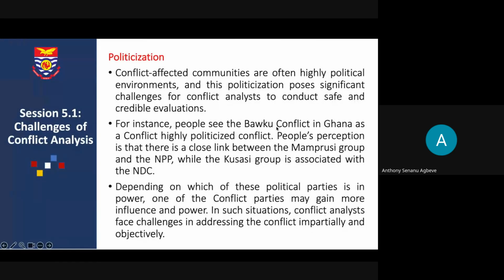And then the issue of politicization. So just like I mentioned, NDC, NPP, right? There's a perception that the Mamprusi groups are lean or they are NPP people, and then the Kusasi are NDC. So there's no way there will be peace once there are these political insinuations and things beneath the actual conflict itself.